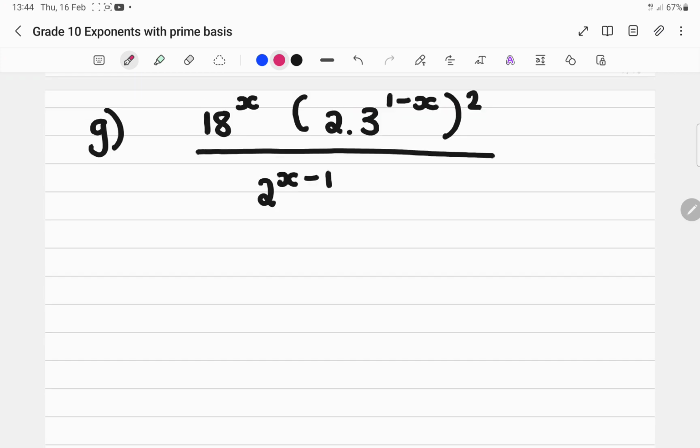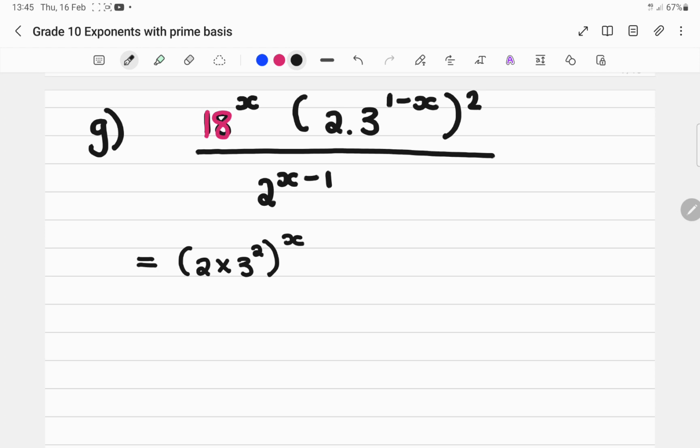All right, let's look at number G. Now, the number that isn't prime is the 18 over there, and that is the only one that I'll need to change. So you're going to say 18 equals 2 times 3 squared, and that is all raised to the power x.